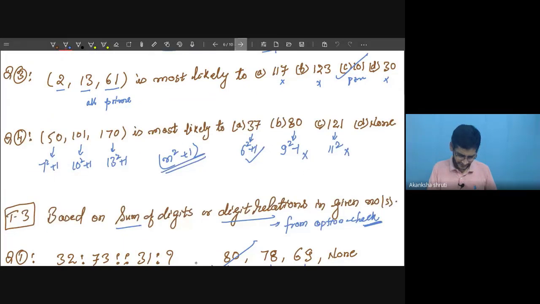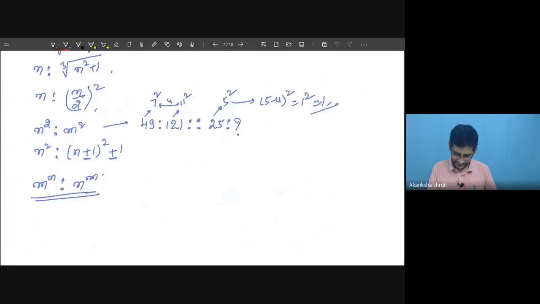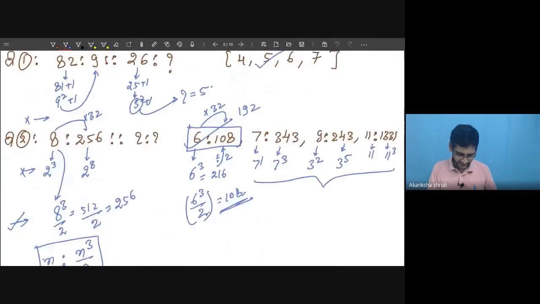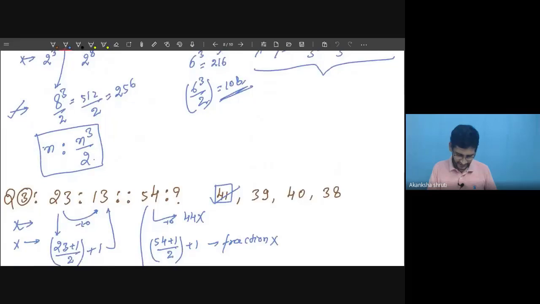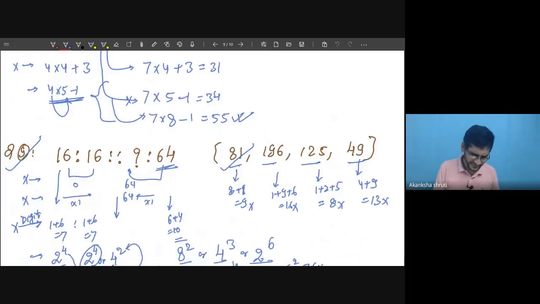Then based on the digit relation, and based on searching the complex relation. In this complex relation, this was the category of the power relation. I have taken these last 2 or 3 questions where the power relation was this one.